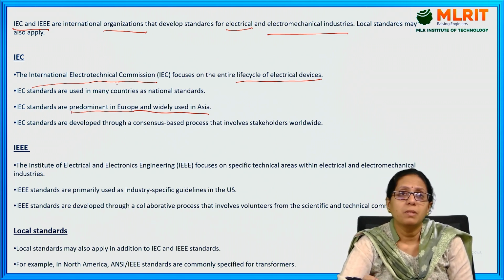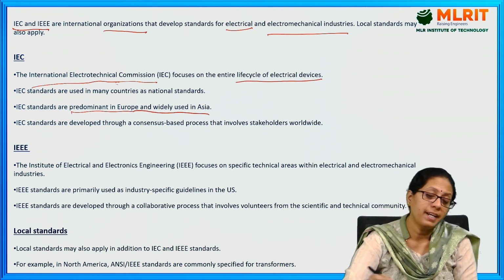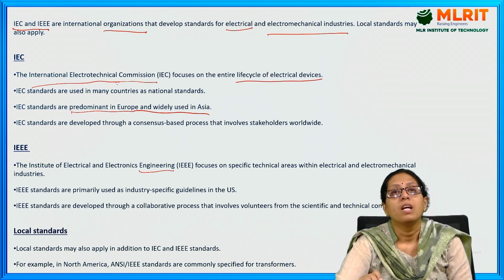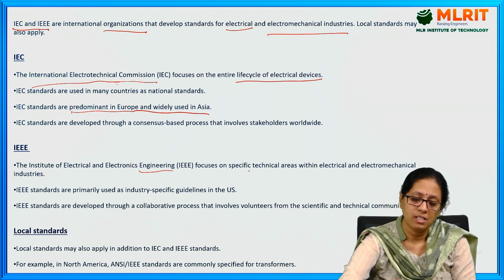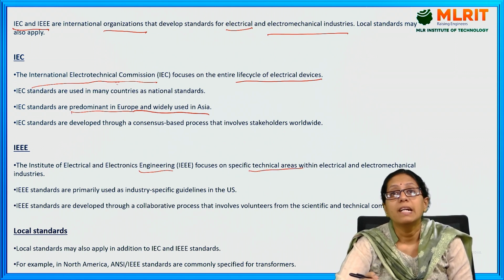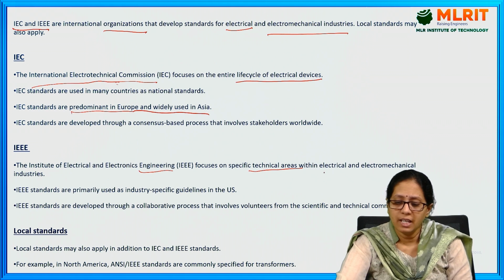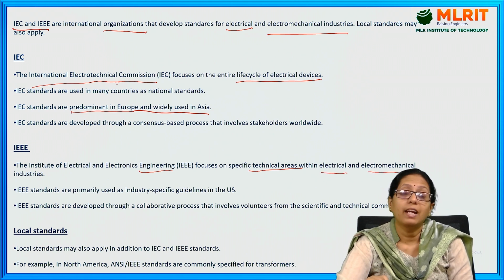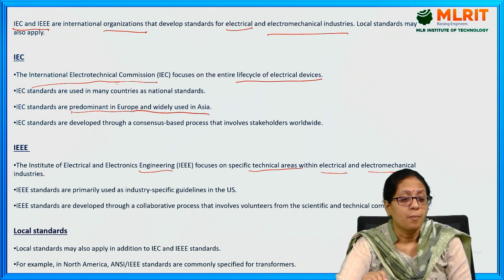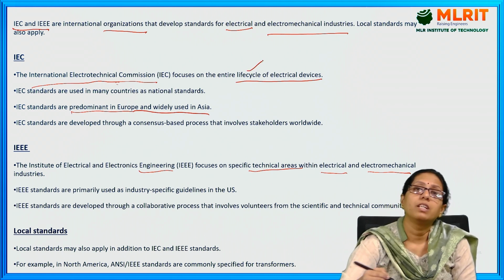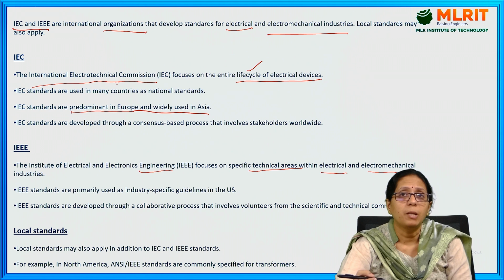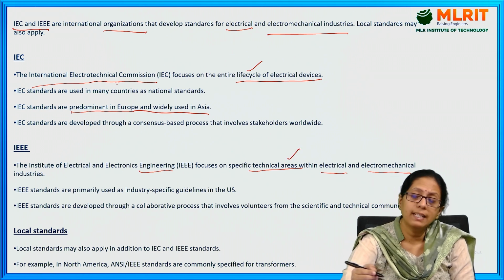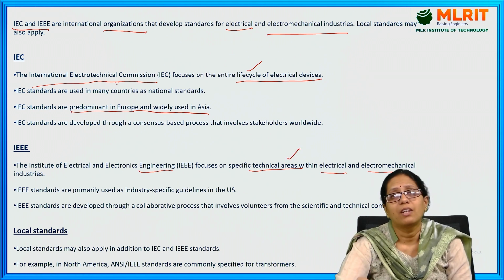IEEE means the Institute of Electrical and Electronics Engineering, which mainly focuses on the technical areas within the electrical as well as the electromechanical industries. That means IEC focuses on the life cycle of the devices, while IEEE focuses on the technical areas within the electrical as well as electromechanical industries.